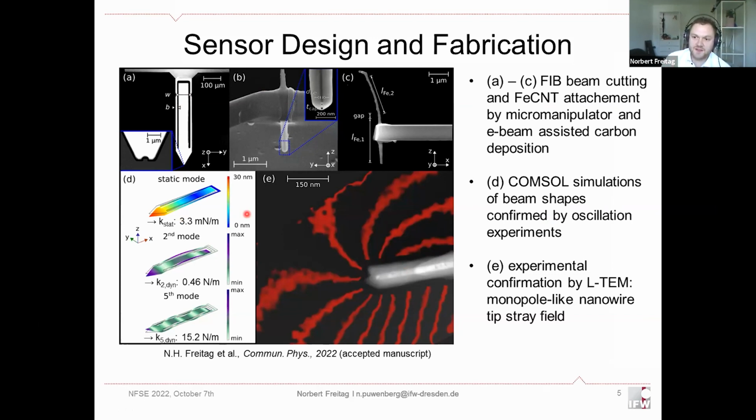So it's a very sensitive deflection measurement for low forces. And this is the magnetic nanowire encapsulated in a carbon nanotube, which is glued by e-beam assisted carbon deposition onto the cantilever. And what we see here is some confirmation from Lorentz TEM measurements that indeed this tip has a monopole-like stray field pattern. So this is a nice probe.